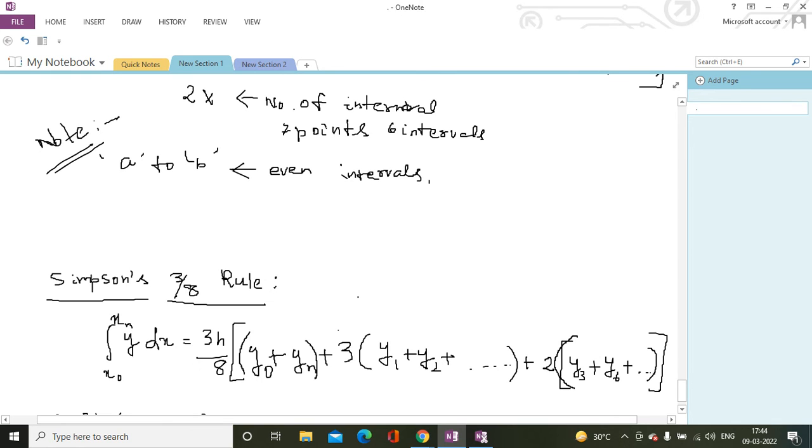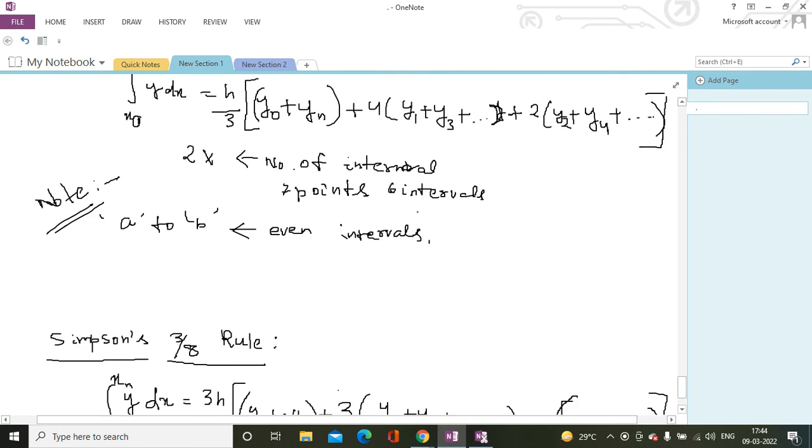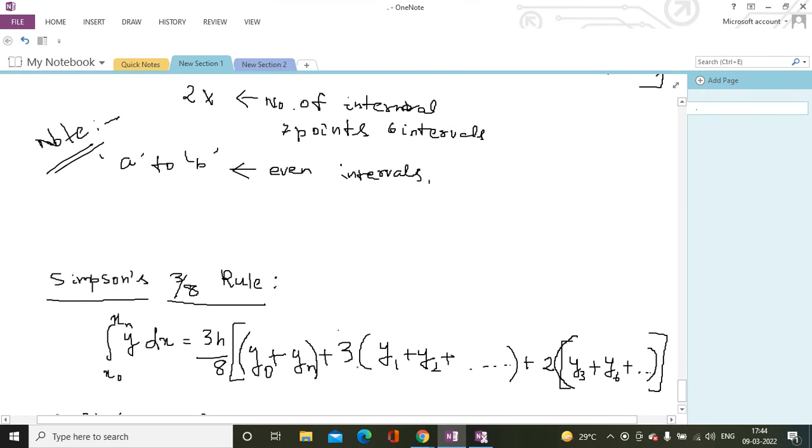In case of 2, we are using y3 plus y6 etc. in the 3 by 8 rule, and in Simpson's one-third rule we are using y2 plus y4 etc., and for the rest of the terms we are using 4, and here for the rest of the terms we are using 3.